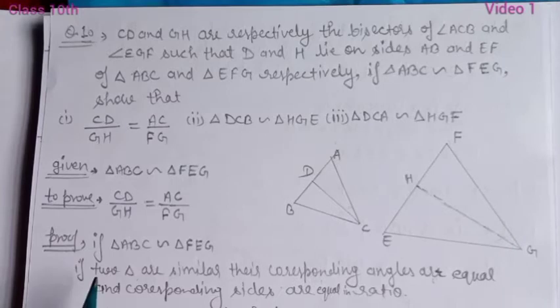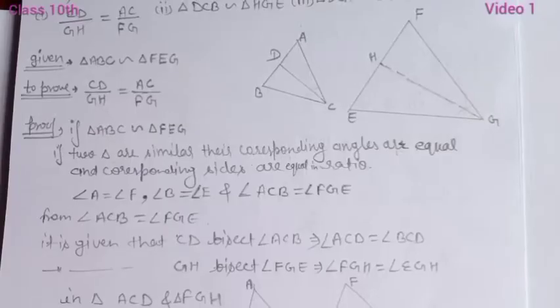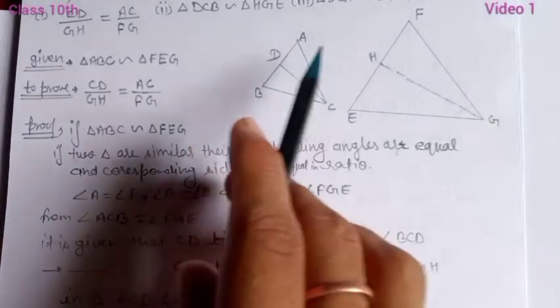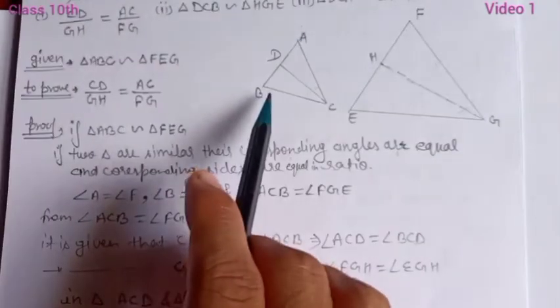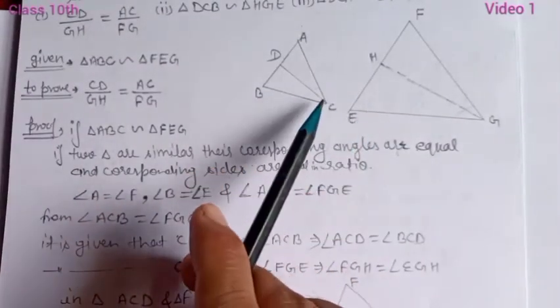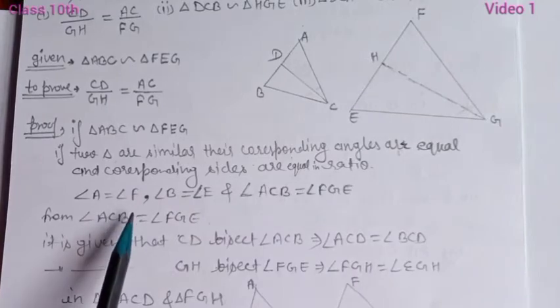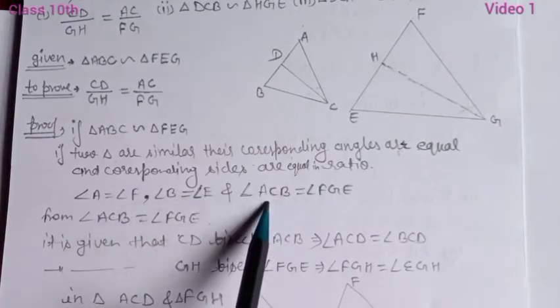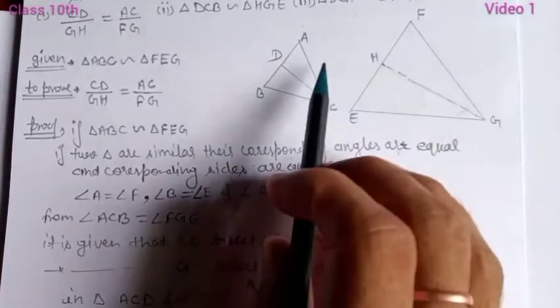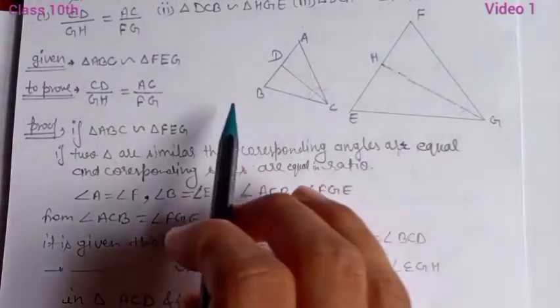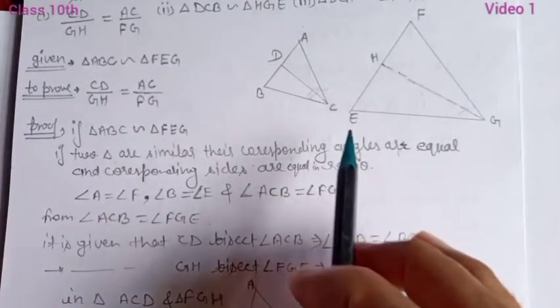So start. If triangle ABC is similar to FEG, as you know that if two triangles are similar, their corresponding sides are in ratio but angles are in equal measure. So we can write here angle A is equal to the corresponding angle F, B corresponds to E, and C corresponds to G. So angle A is equal to F, B is equal to E, and the whole angle ACB is equal to FGE.